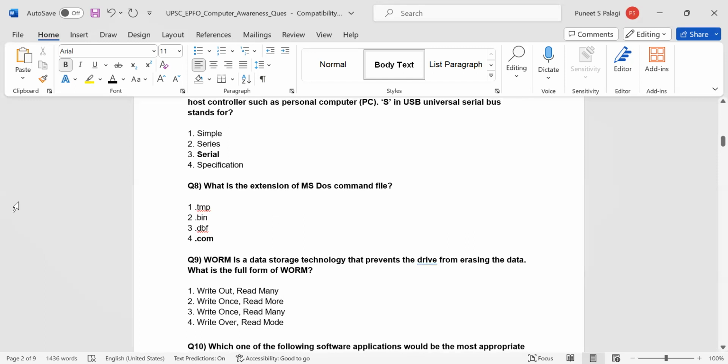WORM is a data storage technology that prevents the drive from erasing the data. What is the full form of WORM? So read the answers.